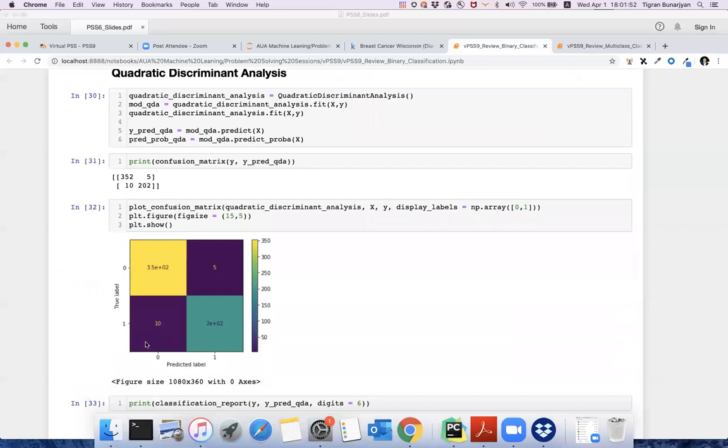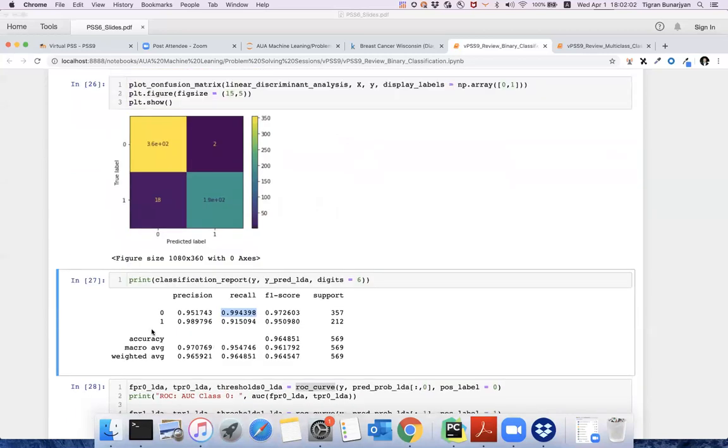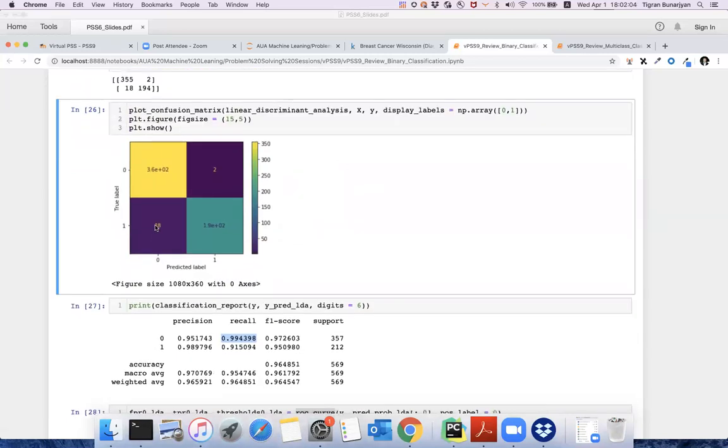But in here, the cases when the actual label was 1 and our prediction was 0, we have a smaller value than during the LDA model. So QDA is better.